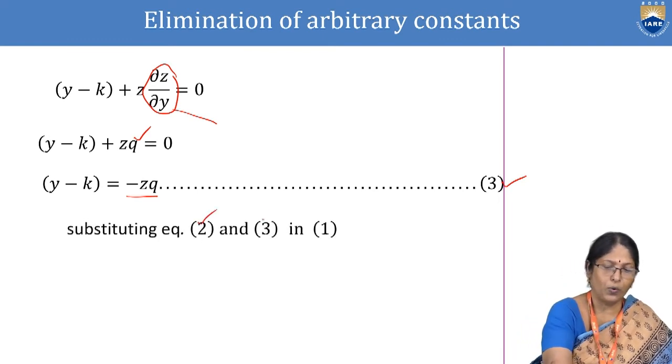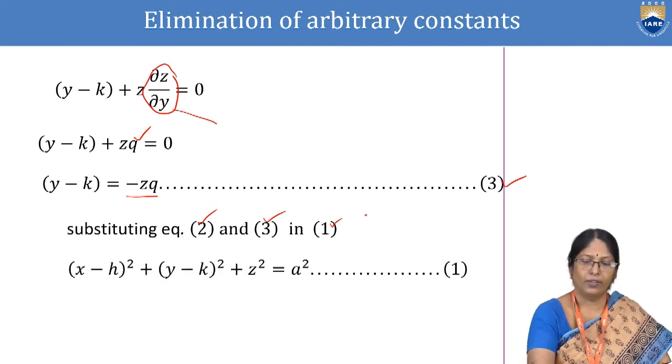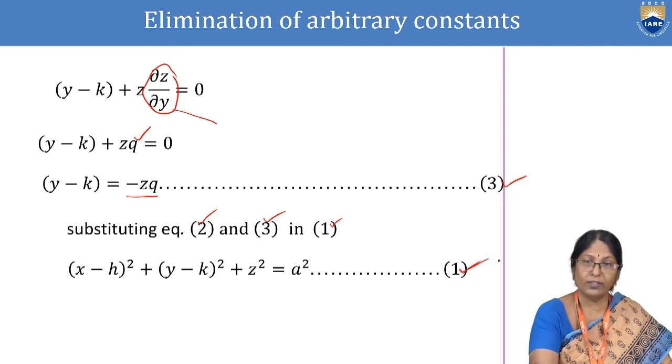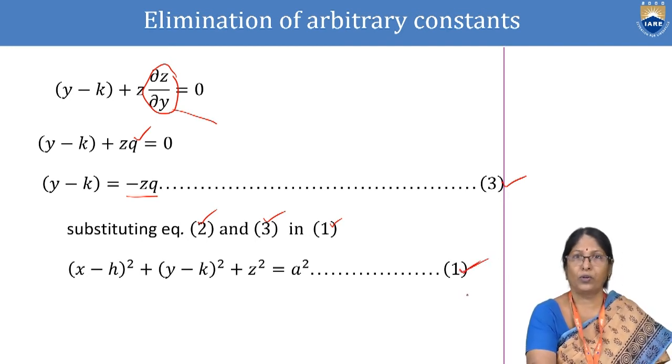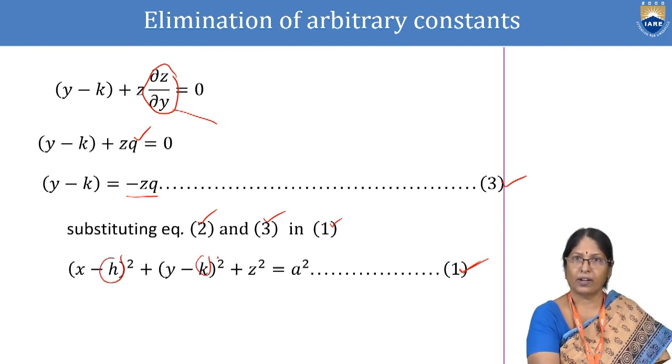Substituting equation 2 and 3 in equation 1, that is our given question. Our given question is this. We are asked to eliminate this h and k. Strictly it is given, remove h and k.